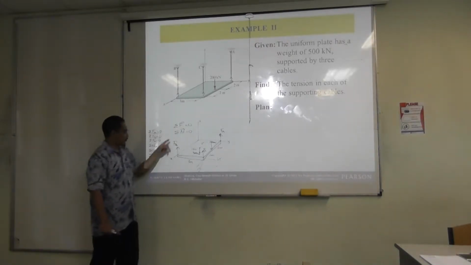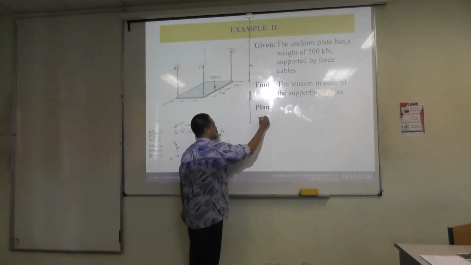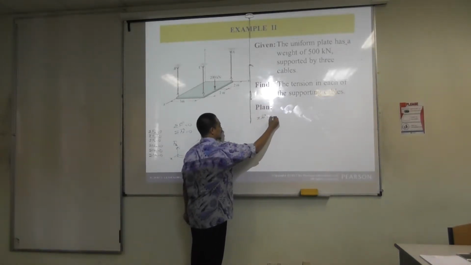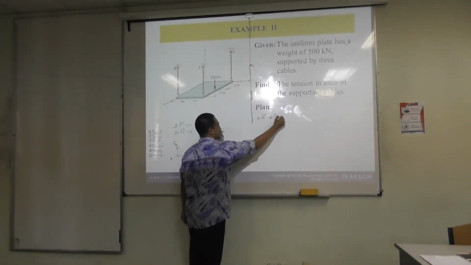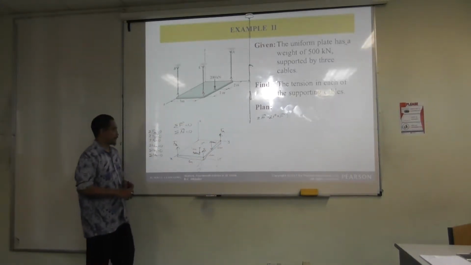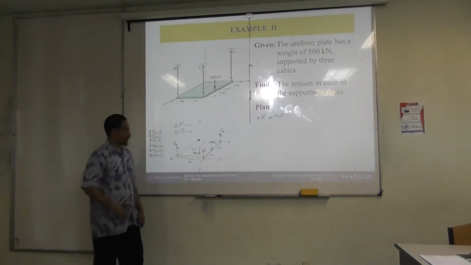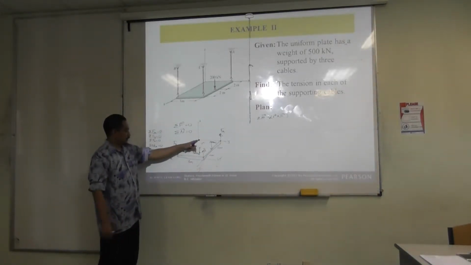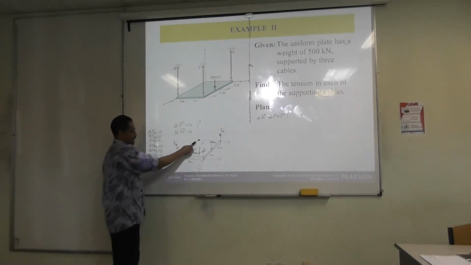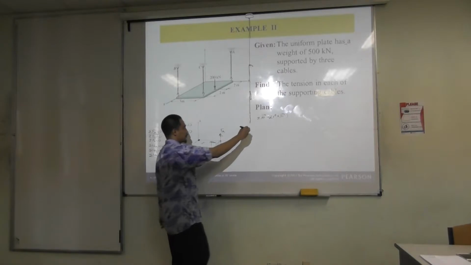But summation of M is basically summation of r cross F. Now if I consider this is my origin and I put everything there, meaning r cross F from this point, eventually I'll get from this axis, and this axis. So let's try that one.